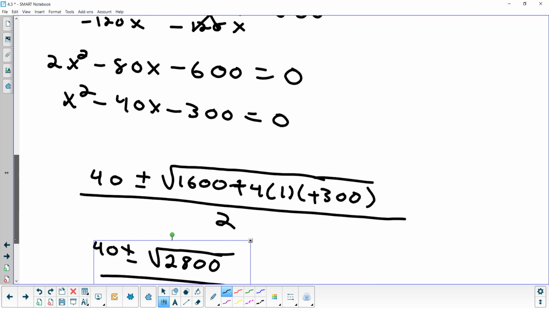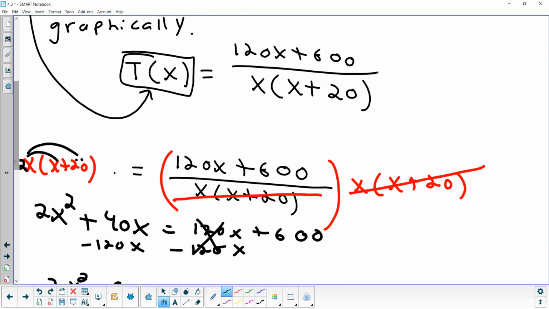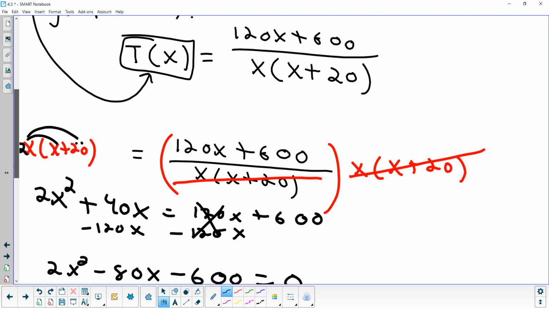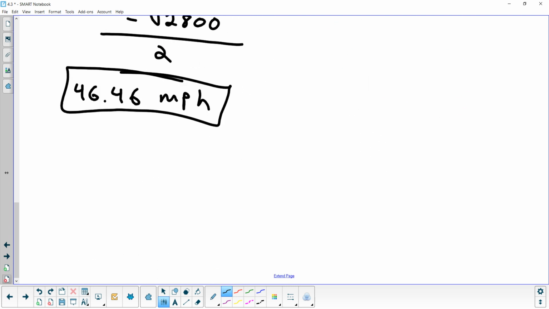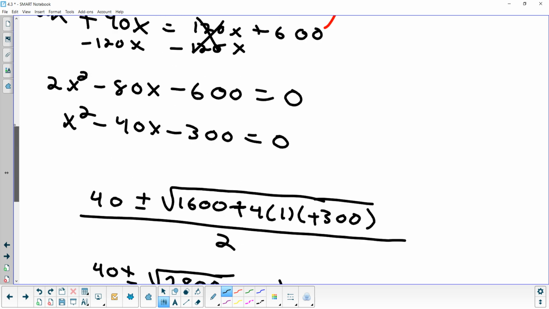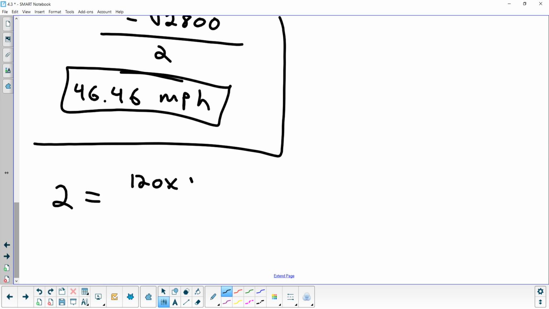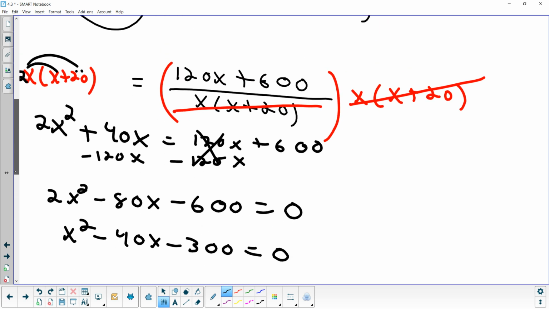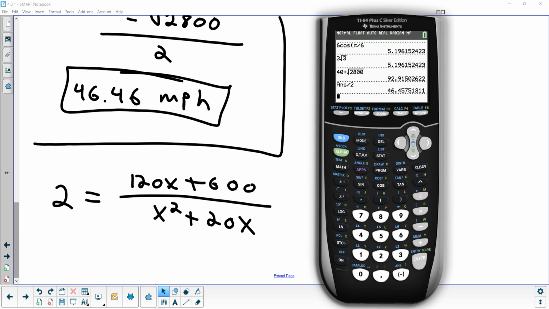Now, let's think about the same thing, but graphically. So we had 2 equals, I forgot what it was, (120x plus 600) over, what does that come out to? x squared plus 20x. How could I solve that on the graphing calculator?